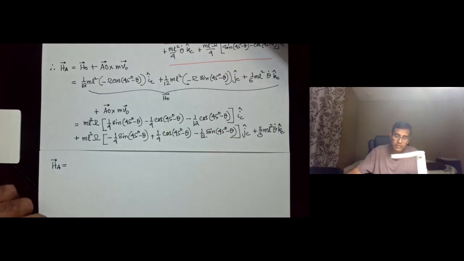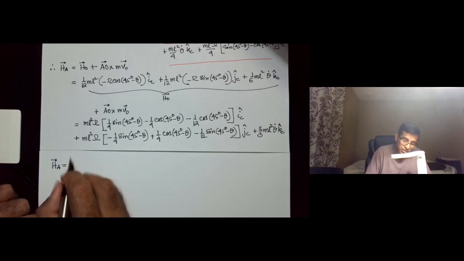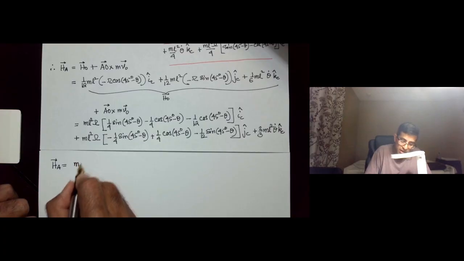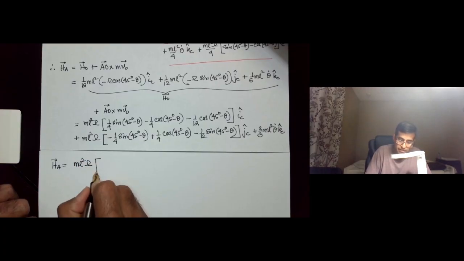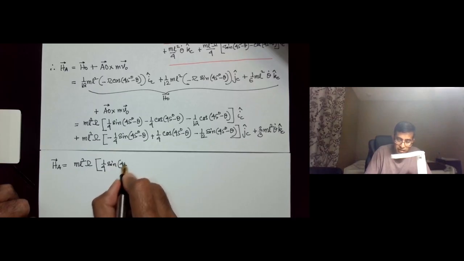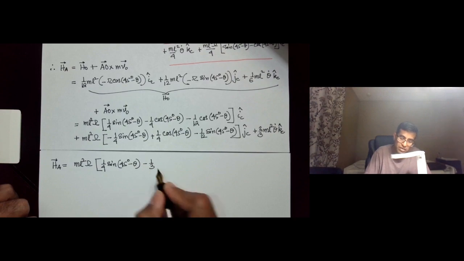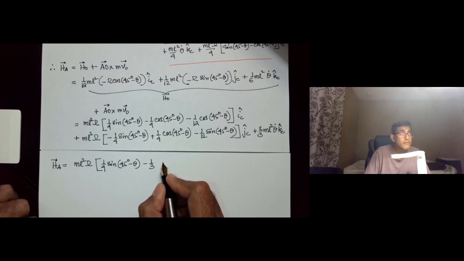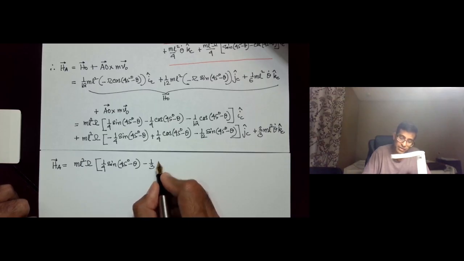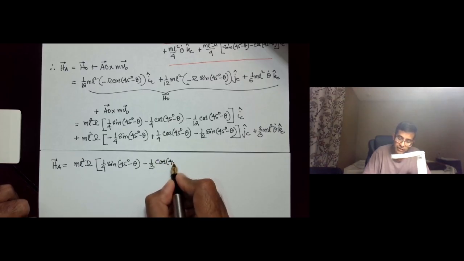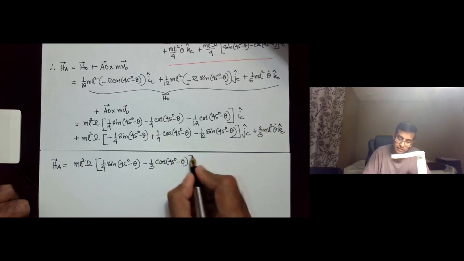So 1/4 plus 1/12 is 4/12, which is 1/3. So it's going to be ml squared capital omega times 1/4 sine of 45 degrees minus theta minus 1/3 cosine of 45 degrees minus theta.